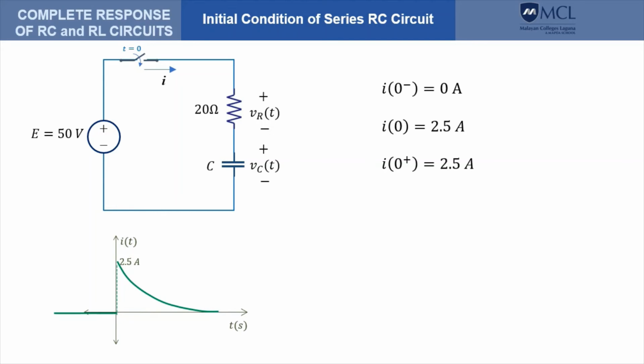For the current, if we get the initial conditions at just before t equals 0, our current is 0. At exactly t equals 0, it will jump to 2.5, and just after t equals 0, it is still 2.5 amperes.